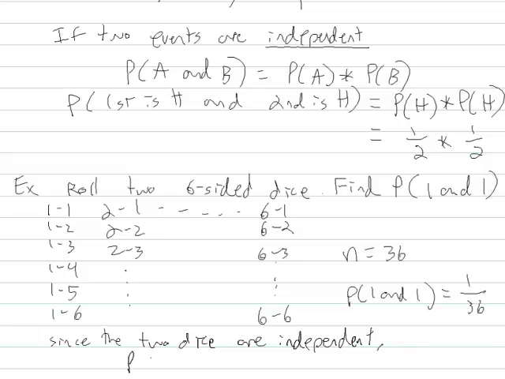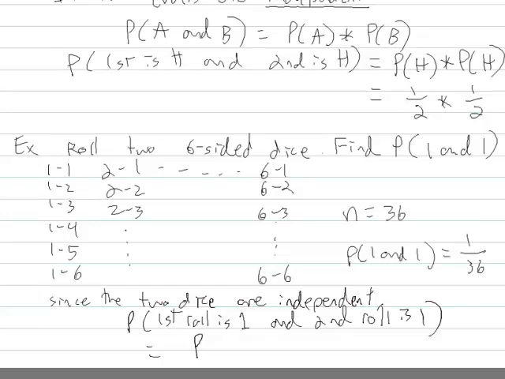Then the probability that the first roll is 1 and the second roll, or second die, whatever you want to call it, is 1 would be equal to the product of this.